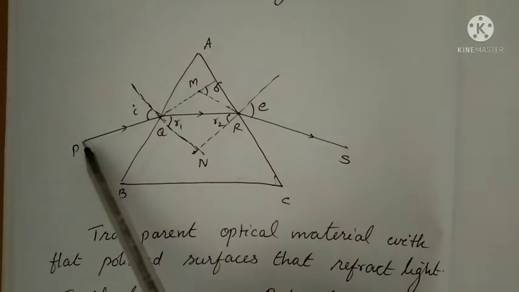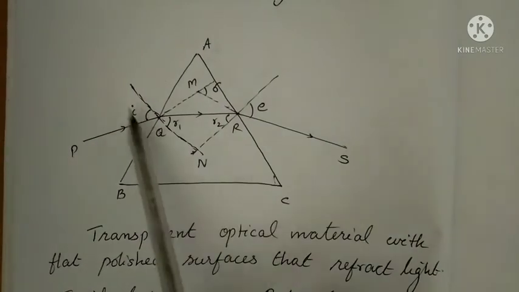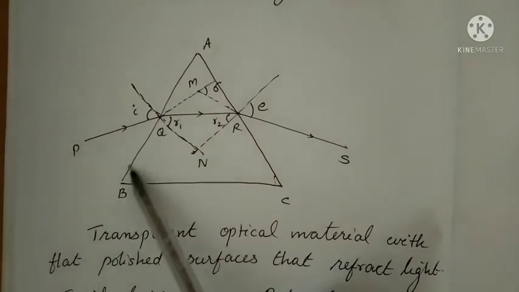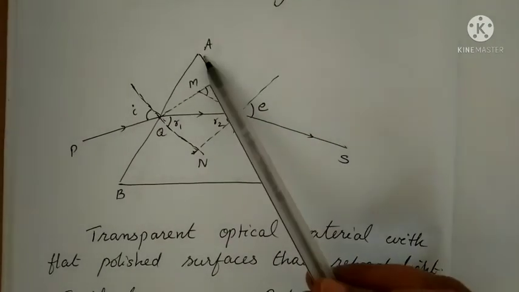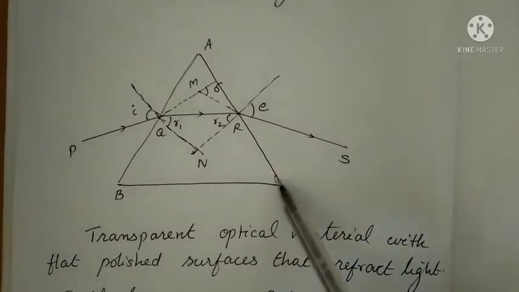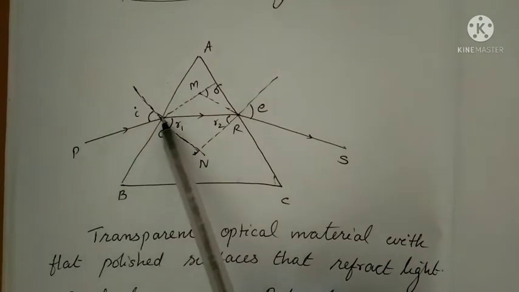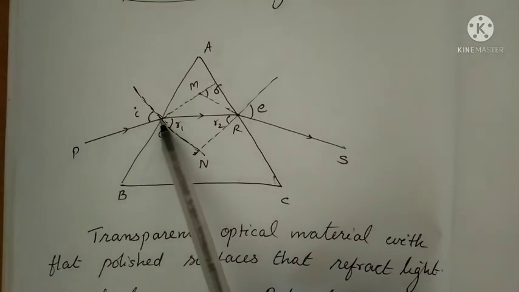So the ray is noted as PQRS. This is the normal for the refracting face AB and this is the normal for the face AC. So the incident ray is the ray which is incident on the prism. That is the incident ray, noted as PQ.